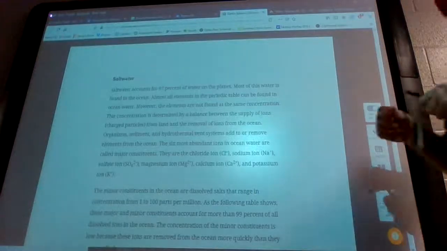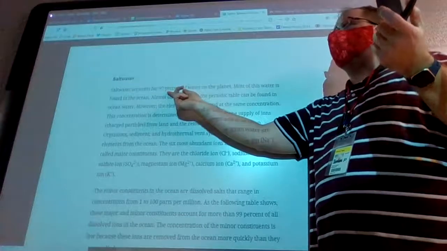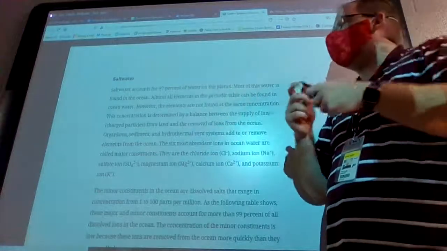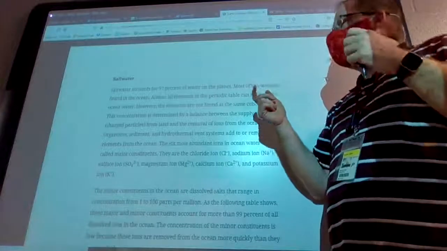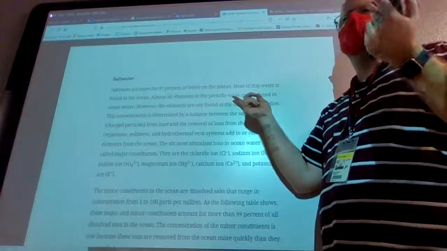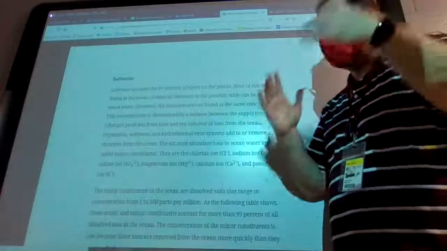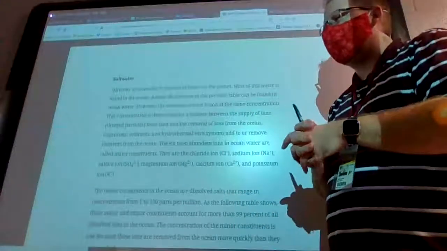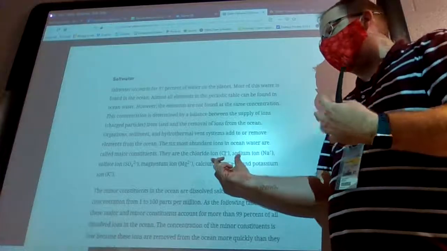Let's see. Salt water now. They're going to talk about how most of the water on the earth is salt water. Salt water accounts for 97% of water on the planet. Most of it's found in the oceans. You can find pretty much all elements in the water. Pretty much everything is dissolved in there. The vast majority of it, like 80-something percent, is going to be actual salt, sodium chloride.